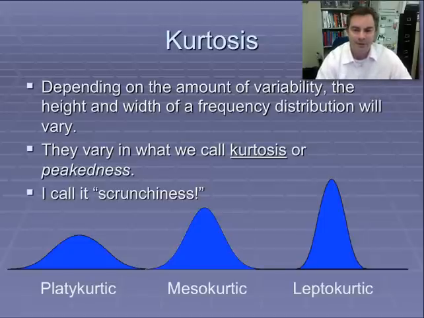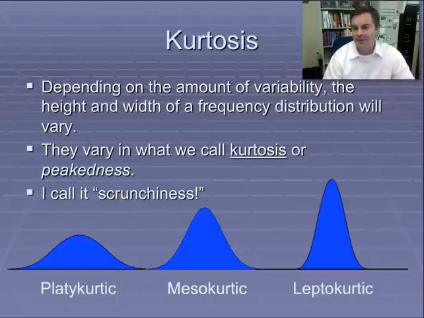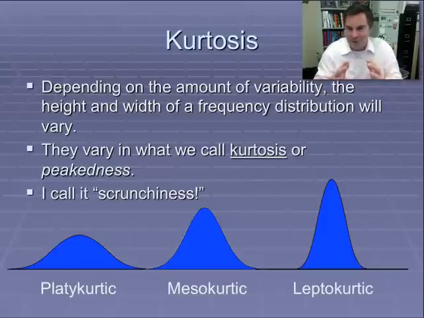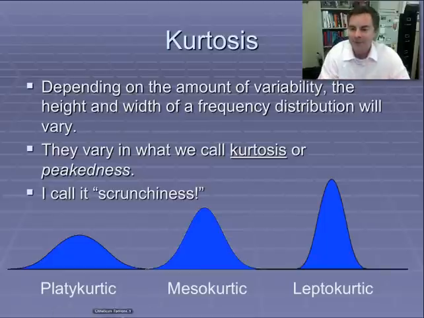Another term for kurtosis is peakedness, how much peakedness we have in the distribution. I think a perfectly good term is scrunchiness. How scrunchy is the distribution? Okay, so if I take a normal curve and pinch it together, if I scrunch it up, in other words, make less variability, we'll go off in this direction in what we call another $10 word here, leptokurtic.